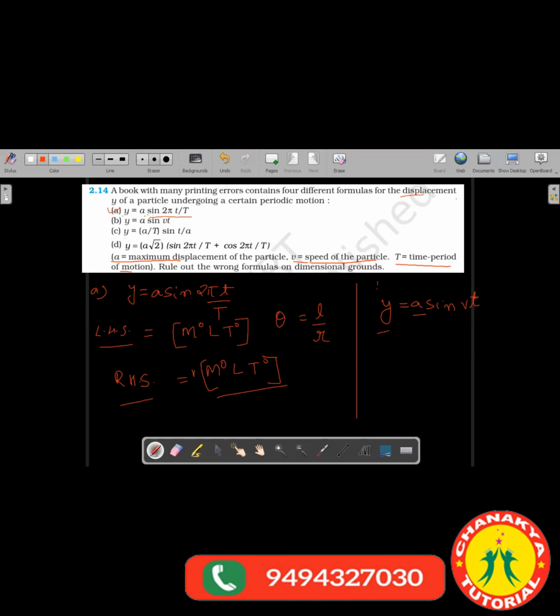This is also displacement L, this A is also displacement L. So both the dimensions are the same. Let us check the dimensions of theta. Since theta should be dimensionless, what should be the dimension of V multiplied by t? V is velocity or speed.